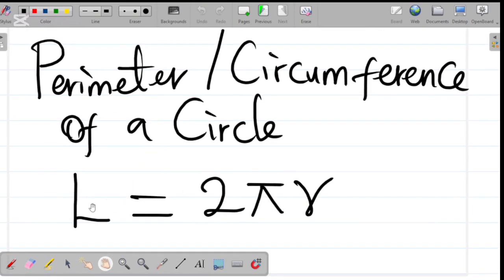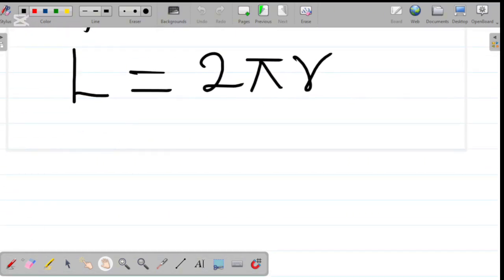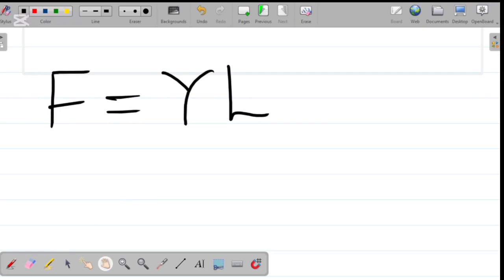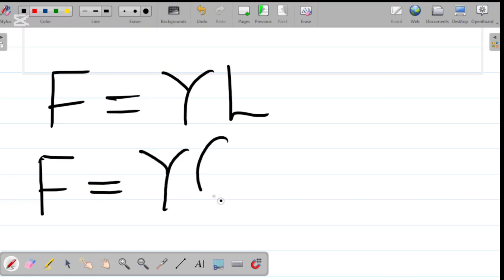All right, now let's substitute the value of L into F. Remember that F is equal to gamma multiplied by L. So if you substitute the value of L, F will be equal to gamma multiplied by 2 pi r.